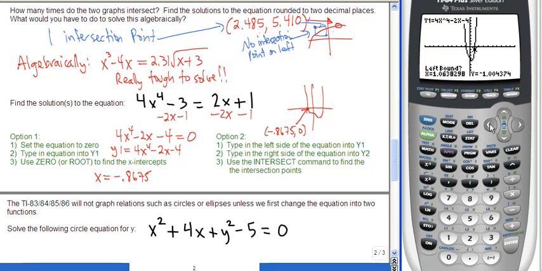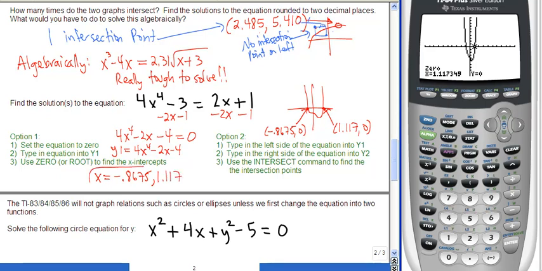If I hit the left arrow once, there's a left bound, go back up to that 0 and hit the right arrow once, hit enter, and go back to that guess, hit enter. So this one on this side is at 1.117, 0. So when x is 1.117, we also get a solution.